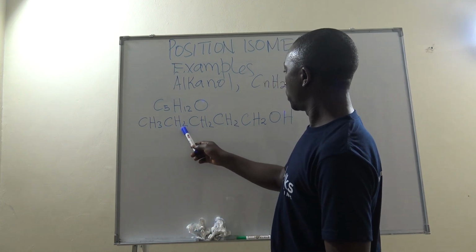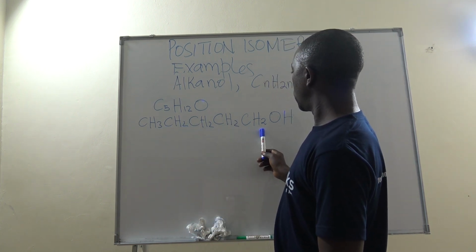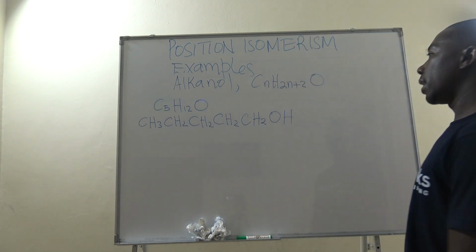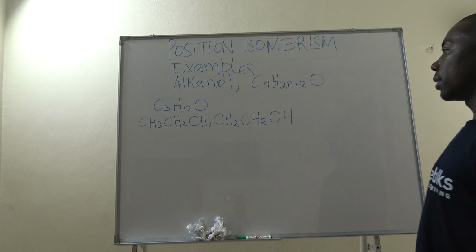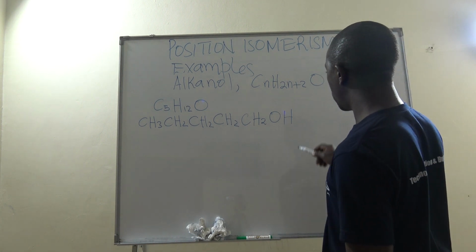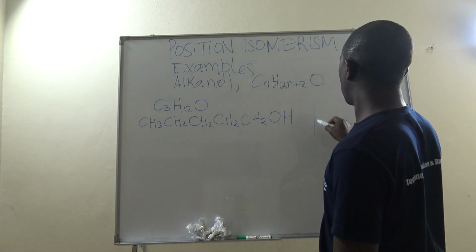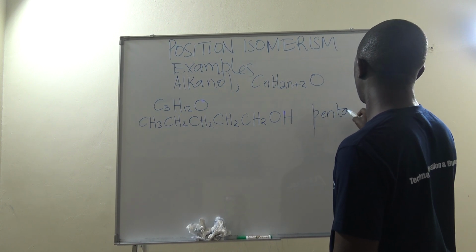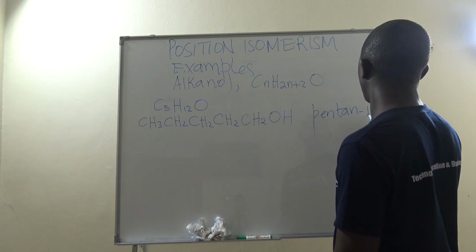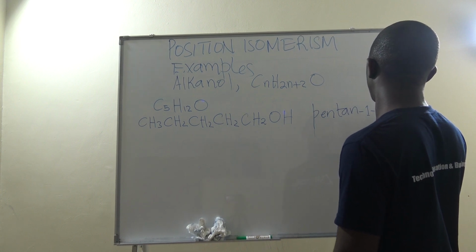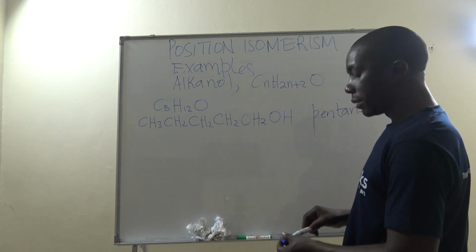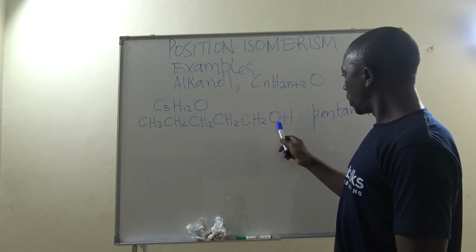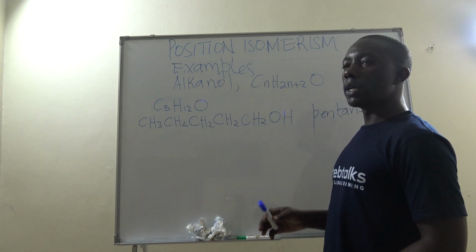Then hydrogens, these are 8, 11, 12. So that is the first isomer of that given molecule. So we can name it as pentan, then you put the position of the functional group, then ol. That becomes pentan-1-ol.